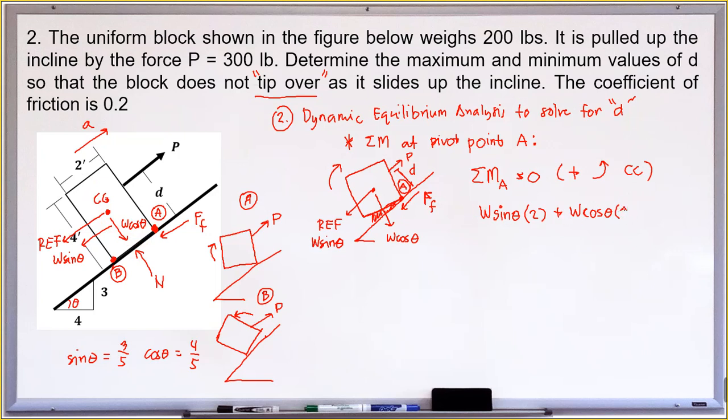So 1. Tapos napatay reverse effective force. So plus REF times same man sa location sa W sine theta, so 2 gihapon, minus P times yang distance from pivot point A is D, should be equal to 0.